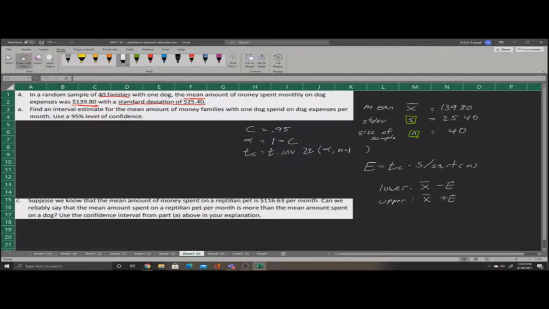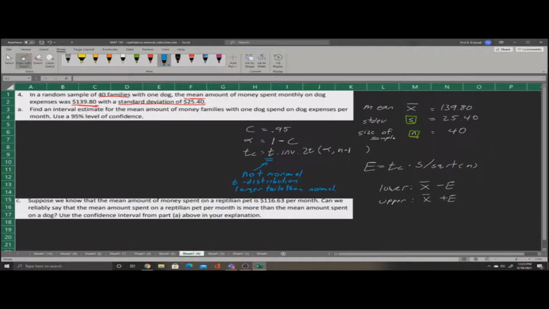The reason why we're using t rather than norm is because we're not going to use a normal distribution for this. Instead, we're using something called the t-distribution. It's similar to the normal distribution, but has larger tails. So you can think of this as an approximation of the normal distribution.